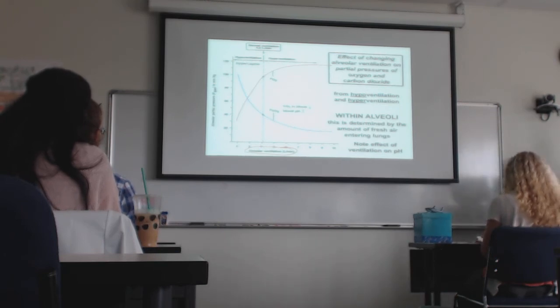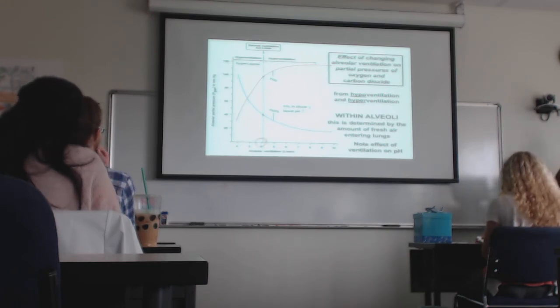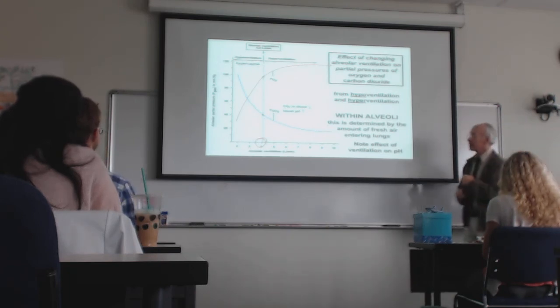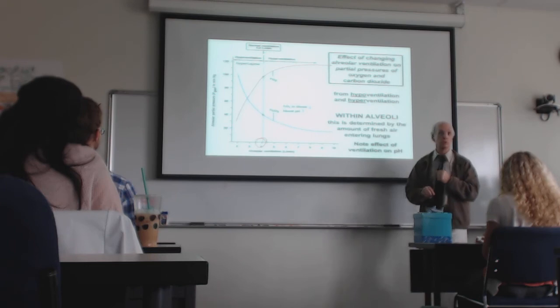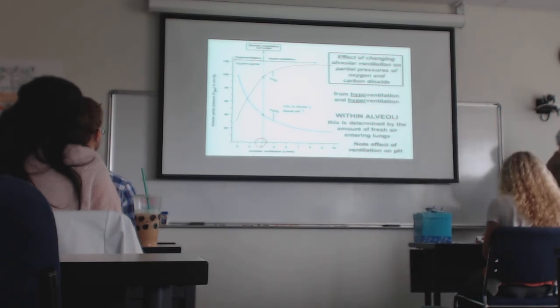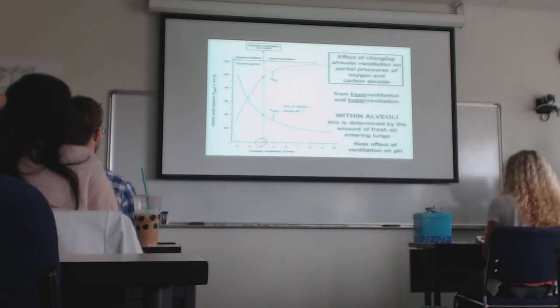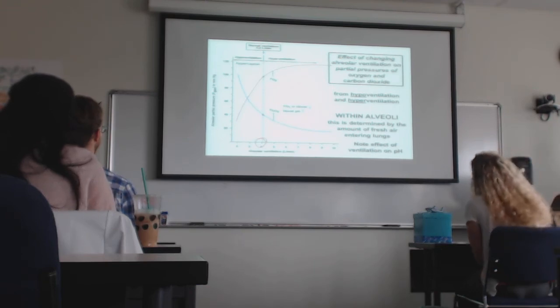And so you can see they've drawn a little dashed line there at about 4.2 liters per minute. And that should ring familiar to you. All right, in the vertical axis, we have alveolar partial pressure in millimeters of mercury.